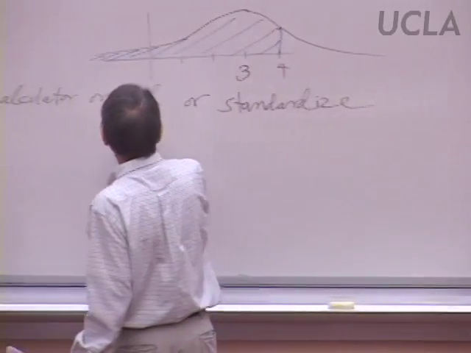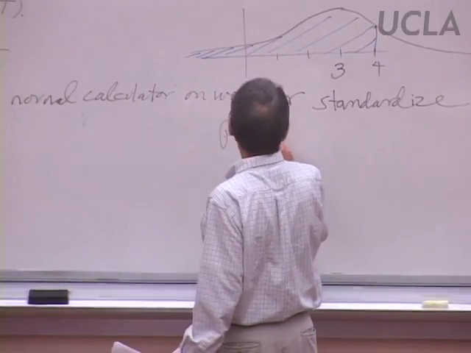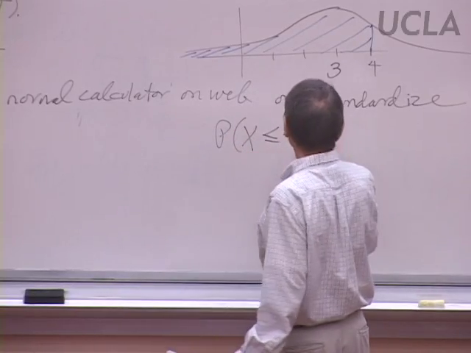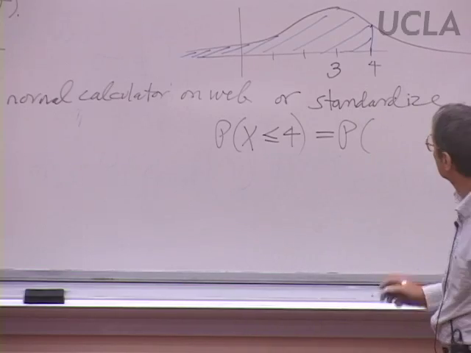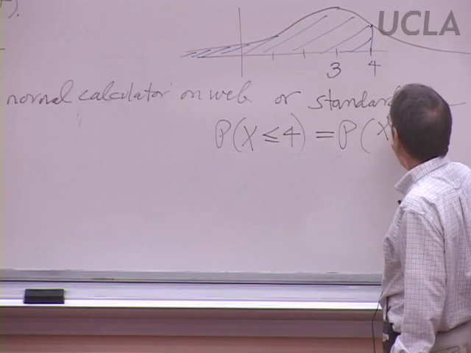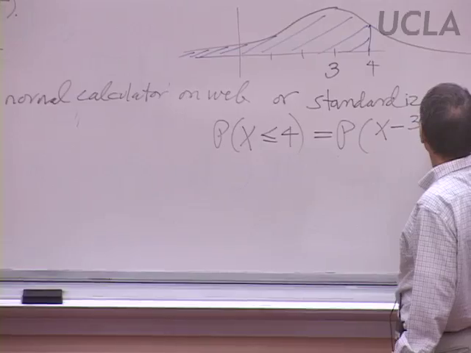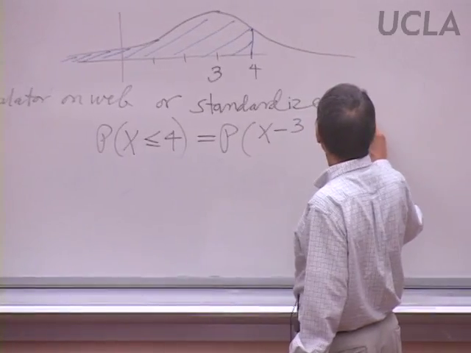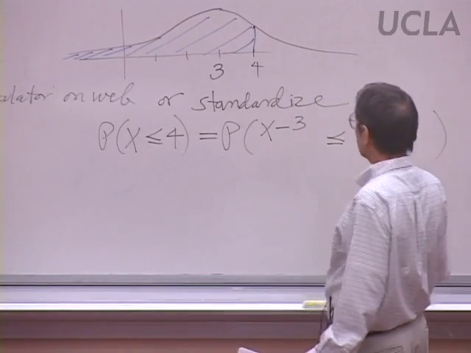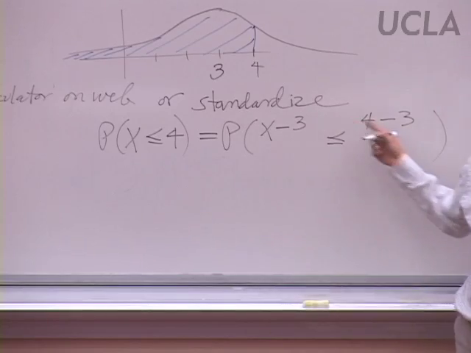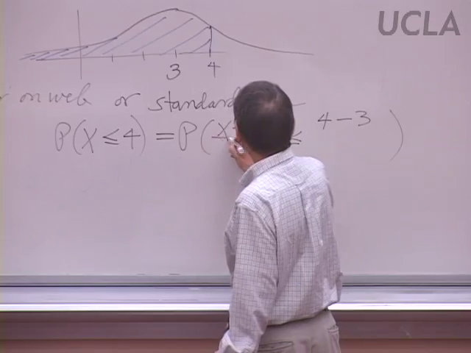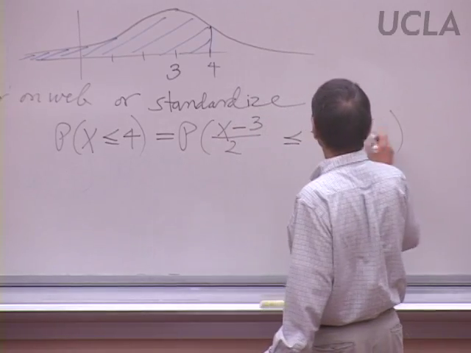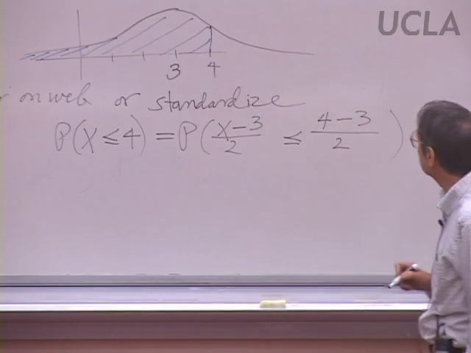So this thing we're after, the probability, that would be the same as, and now we subtract the mean, the mean is 3, from both sides of the equation. That's still the same event, right? Equivalent inequality.